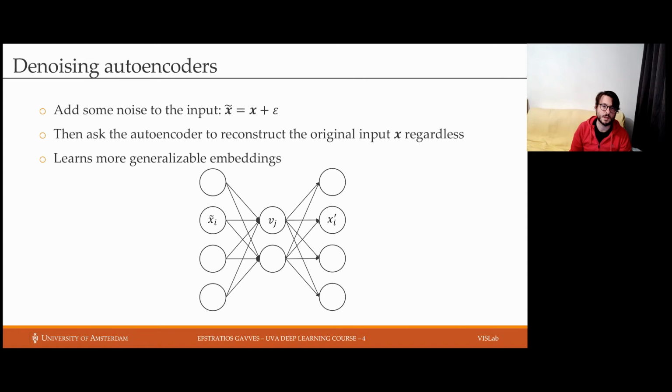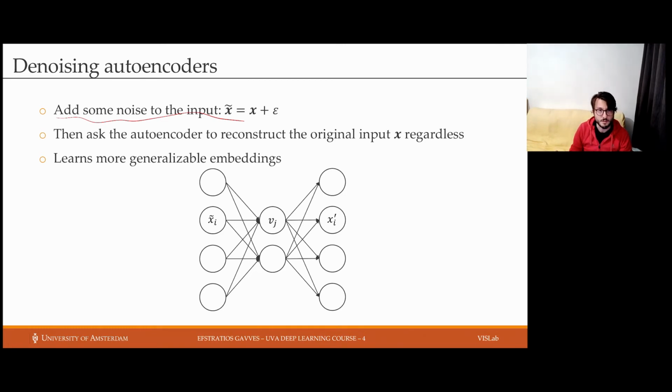Autoencoders often can overfit, or basically they can fit very well on the training data. It's not a very hard task. So one thing that can be done is add some noise to the input, and in that case we would ask the autoencoder to still try to reconstruct the original signal X regardless.